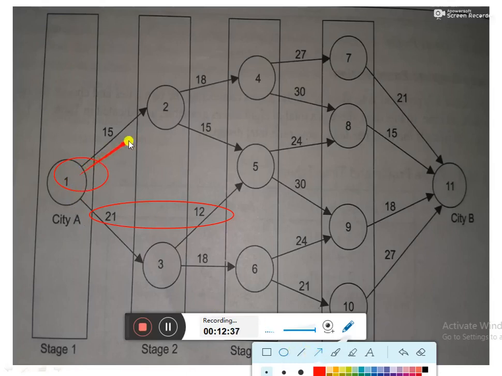So stage 1 and stage 2, or node 1 and node 2, represent 2 different stages that are adjoining, and the time taken to travel from node 1 to node 2 is known as the immediate payoff. It is the immediate time that is taken by the traveler from point 1 to point 2.